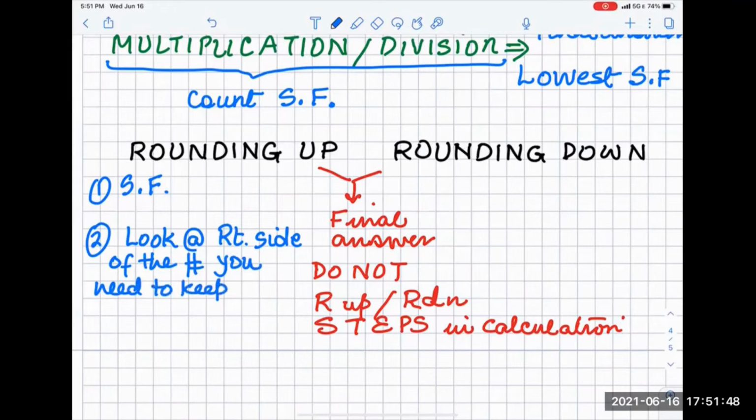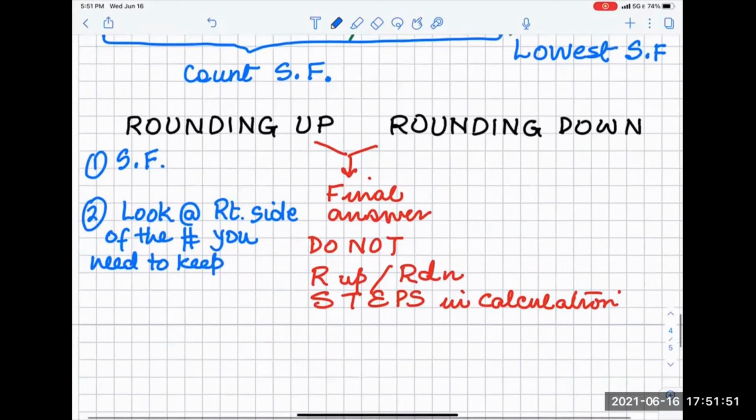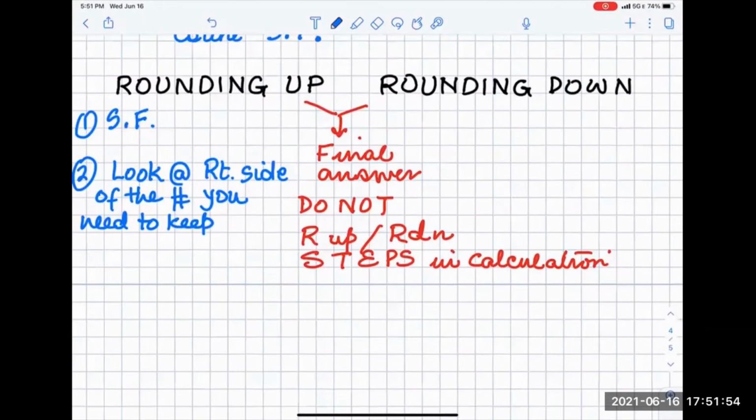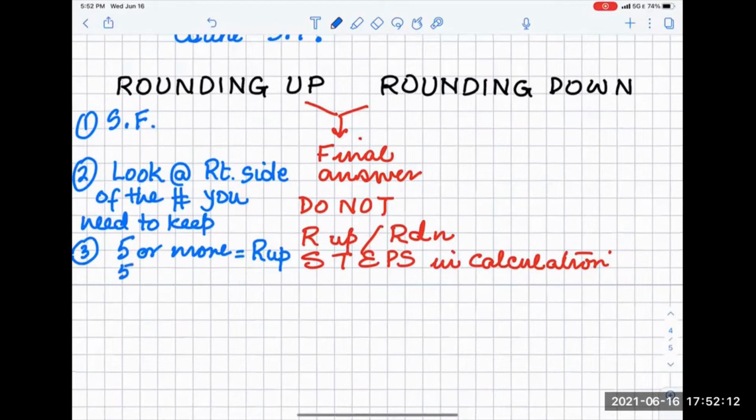That decision comes from how many significant figures should be in your final answer. If that number is 5 or more, you round up. If it is less than 5, it will remain as is. Less than 5, keep as is. We will see this in a minute.